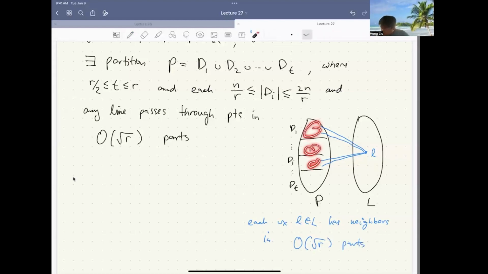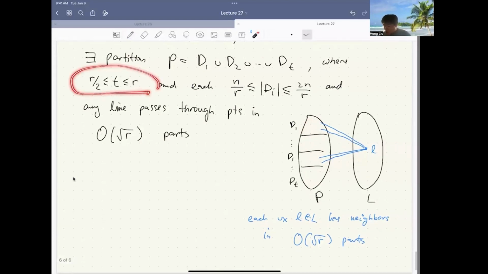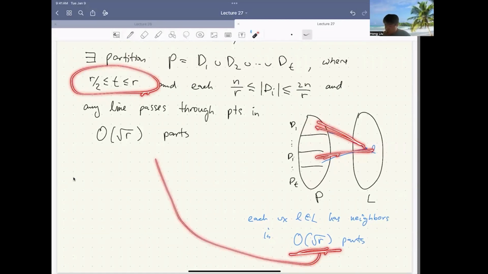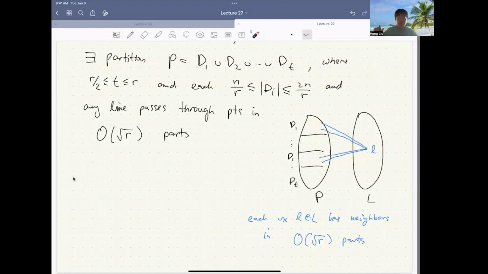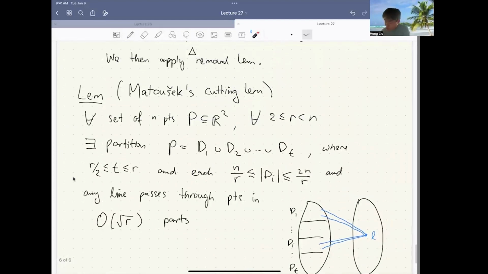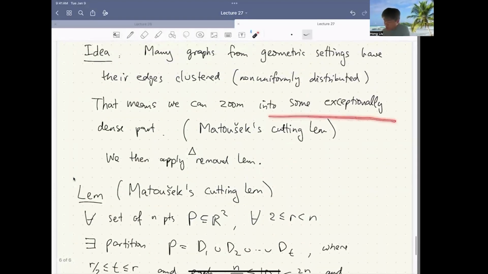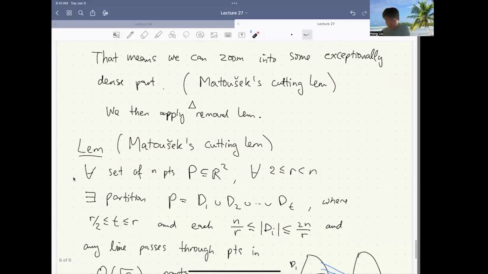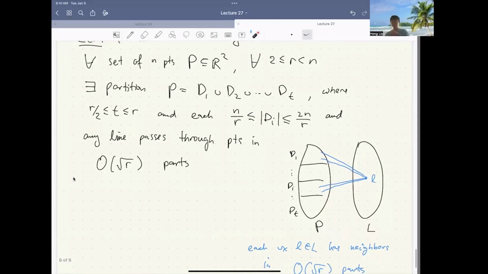Remember, the number of parts is linear in r, but the number of parts where you have neighbors is a lower order term in terms of the number of parts. This is important. That means the edges are clustered, right? Every vertex does not send neighbors uniformly across all parts. They are clustered. So this is the first theorem we will use to zoom into this dense part with larger density. Okay.